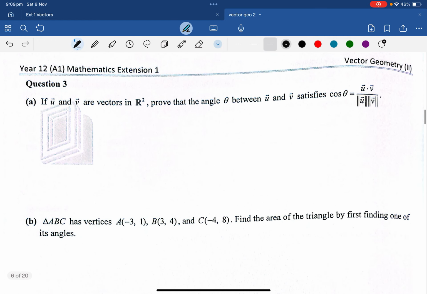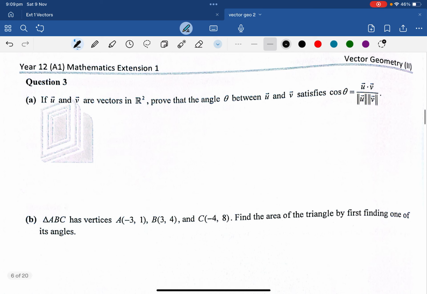Alrighty, so the first question is, if vector u and vector v are vectors in R squared, prove that the angle theta between vector u and v satisfies this. If you really want, you can draw a diagram, but I wouldn't say we need one.